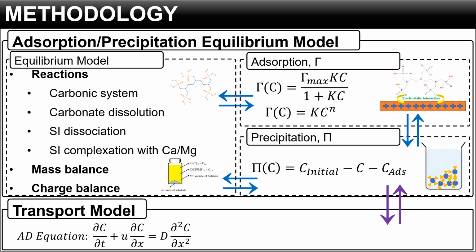in conjunction with their reaction constants, with the mass balances of the key species in the system and the charge balances. By combining all of these reactions and balances, we end up with a set of nonlinear equations that can be solved by numerical methods.